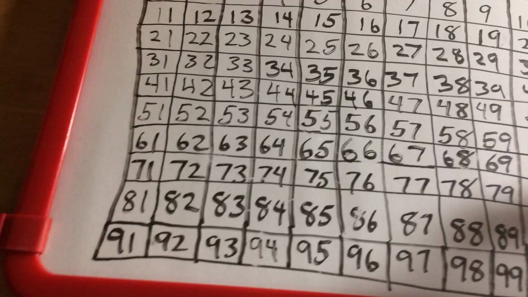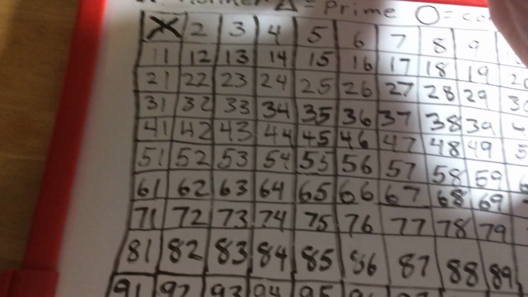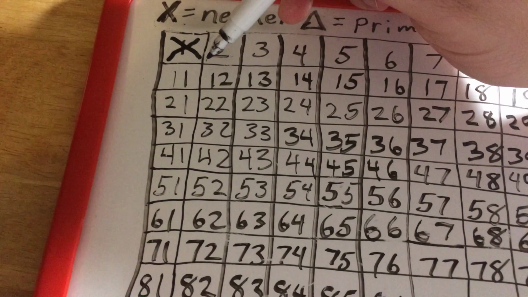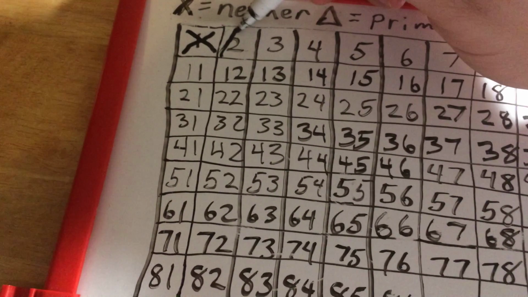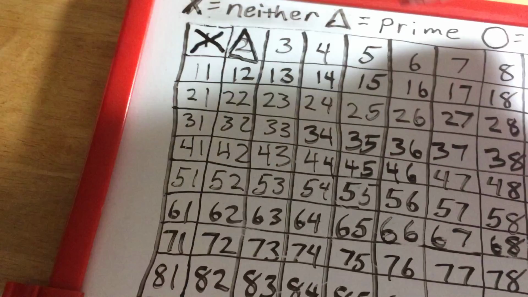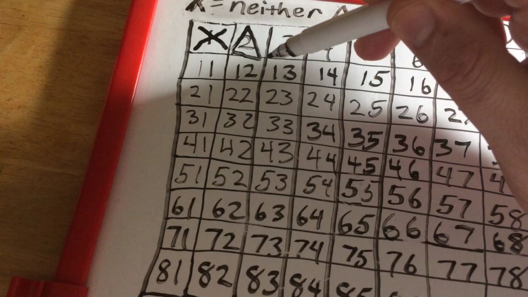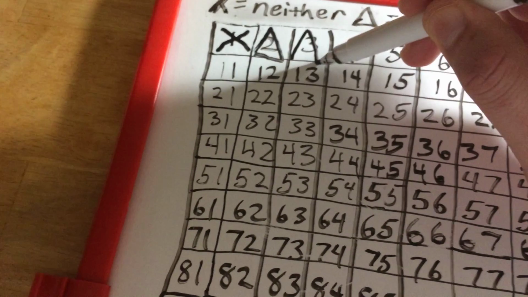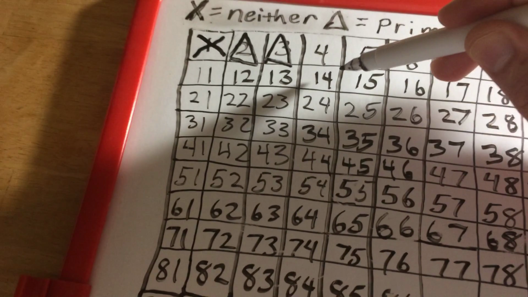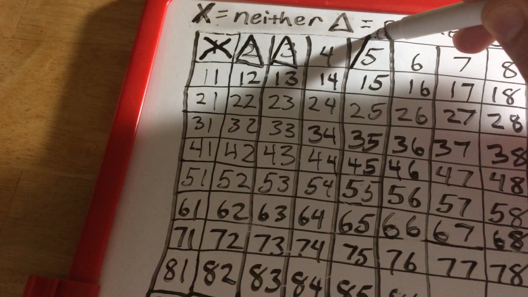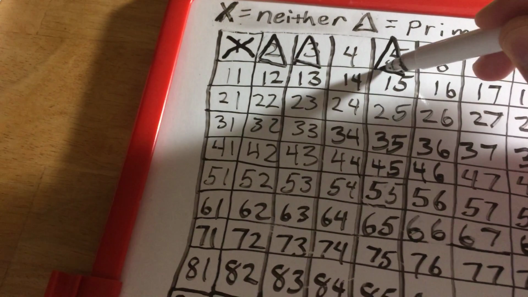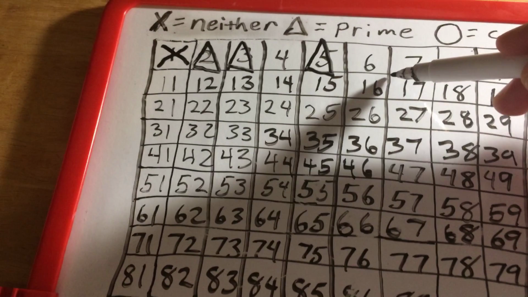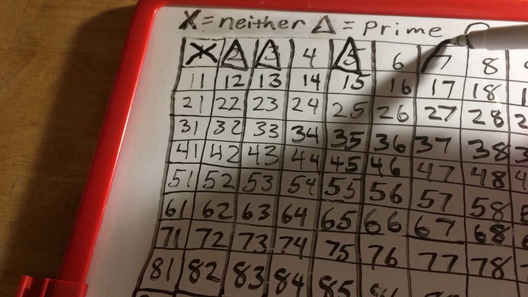And well, this is easy because we already have them right there. So prime numbers, here we go. So we have 2, 3, 5, and 7.